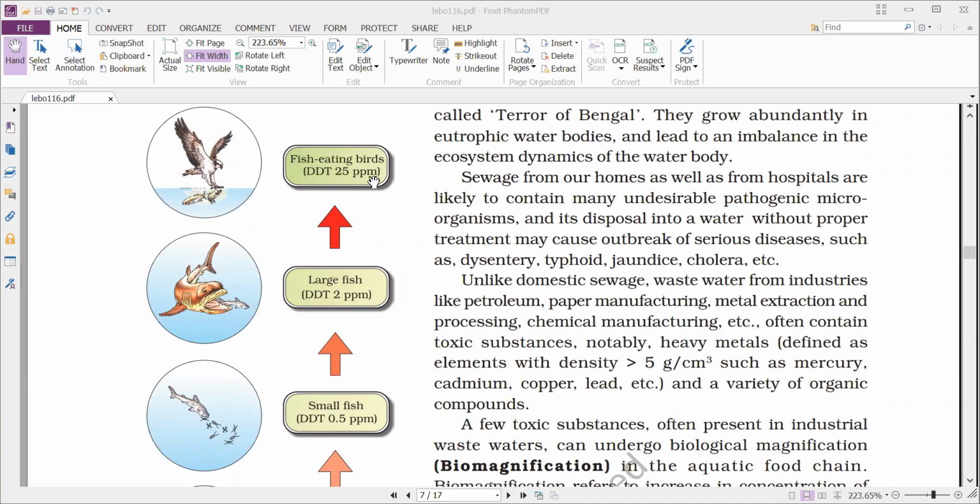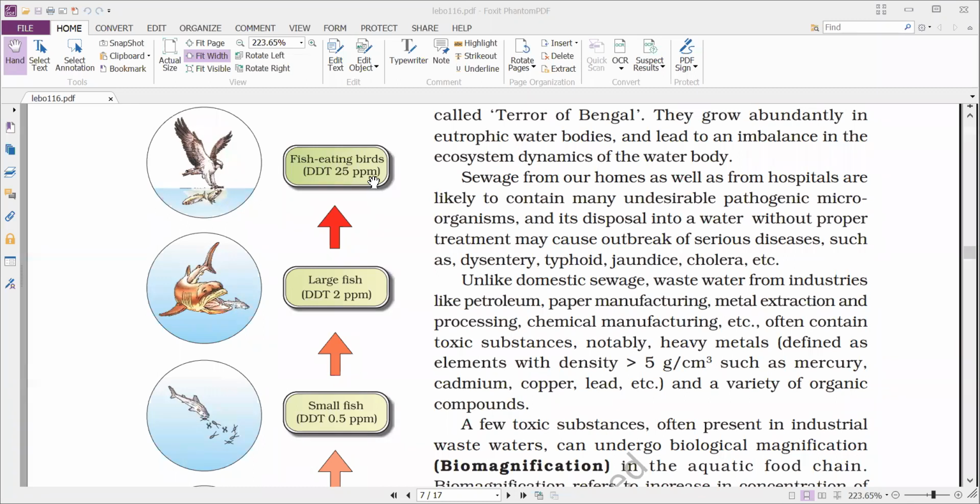For example, due to the accumulation of DDT in birds, especially the vultures, they are laying thin-shelled eggs, which can be easily broken. As a result, the eggs cannot be hatched properly, because when the bird sits on them, the shell is very thin and breaks easily.